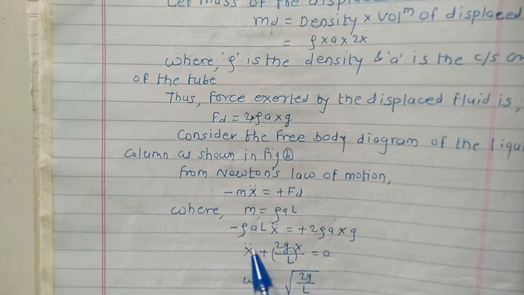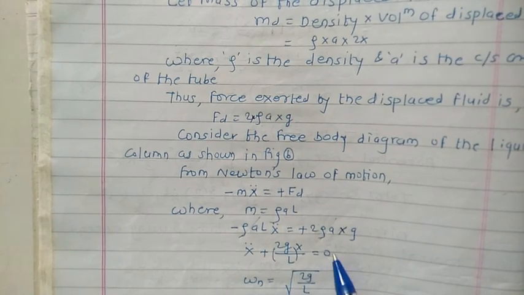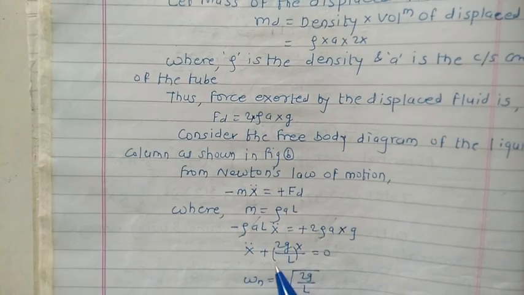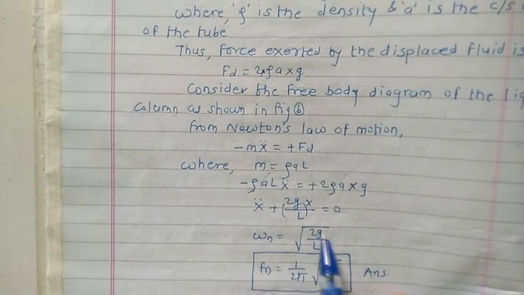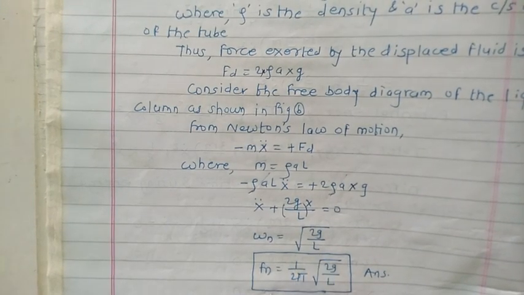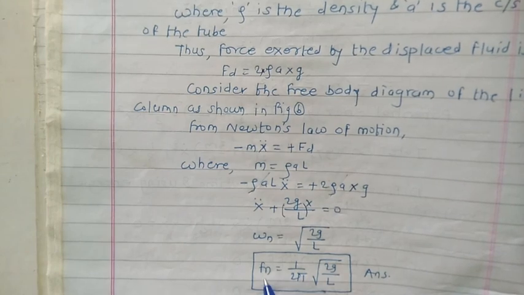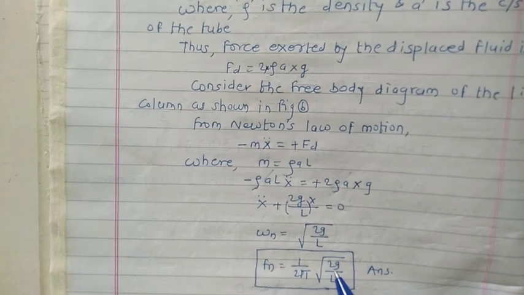So if I take this L from here, L goes in the denominator, equated with zero. Simply equate this equation with SHM. What do we get here? Omega n equals square root of 2g divided by L. Further we can get the frequency like this: one upon 2 pi square root of 2g divided by L.